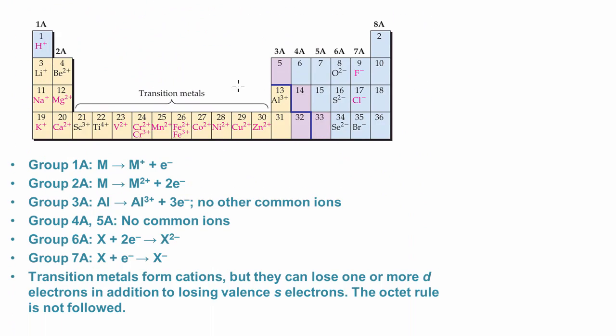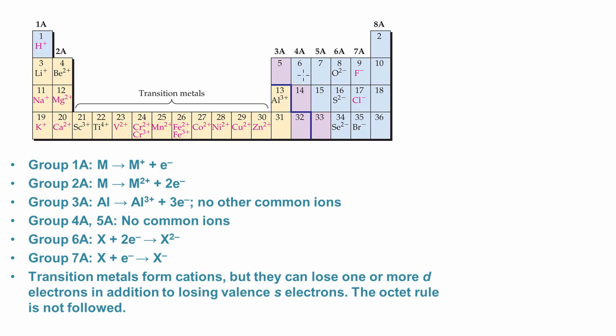Here this shows part of the periodic table, and let me tell you what happens with the main group elements. The elements in group 1A tend to lose 1 electron. The elements in group 2A tend to lose 2 electrons. In 3A, really the only element that loses 3 electrons is aluminum.